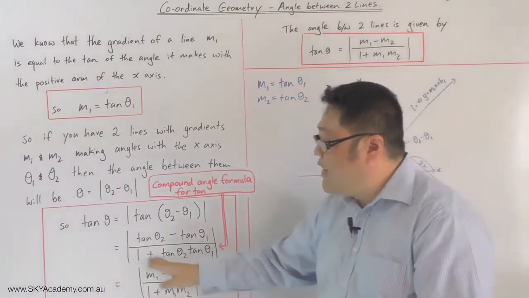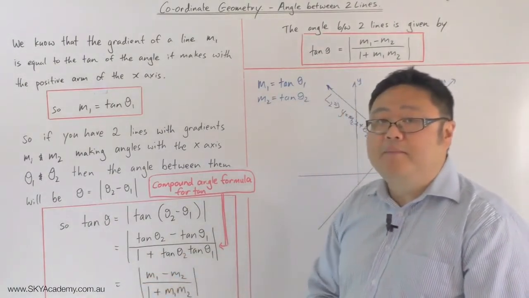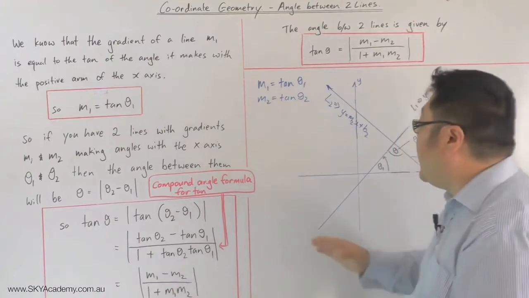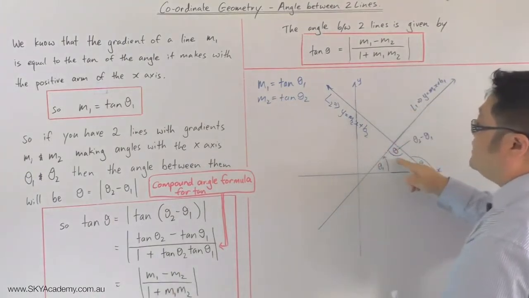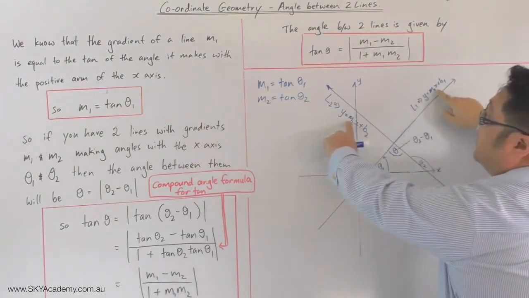Yes? And so that is your formula to work out the angle between two lines given the two gradients.